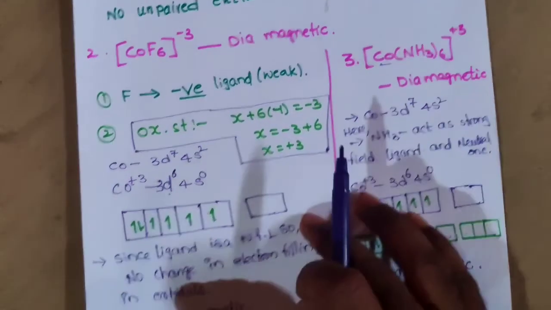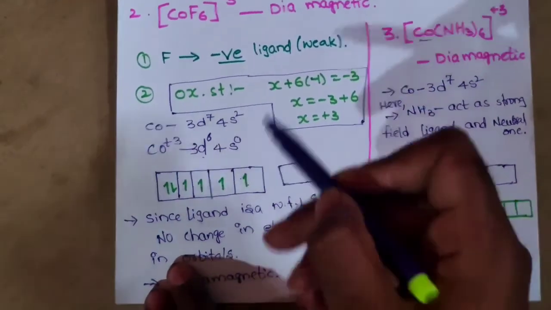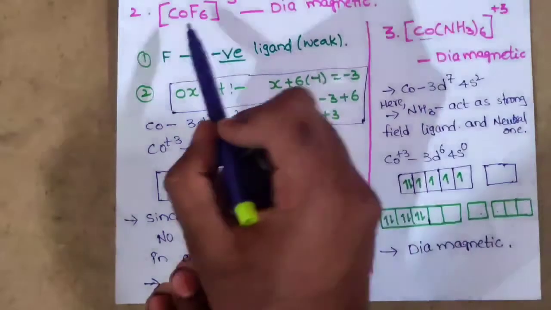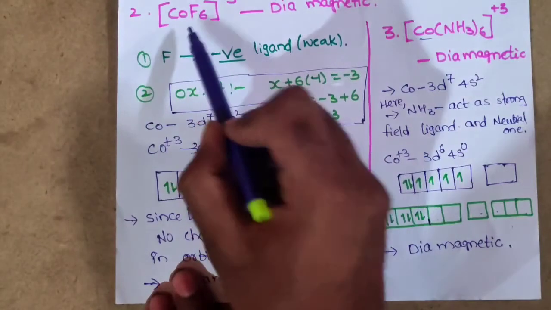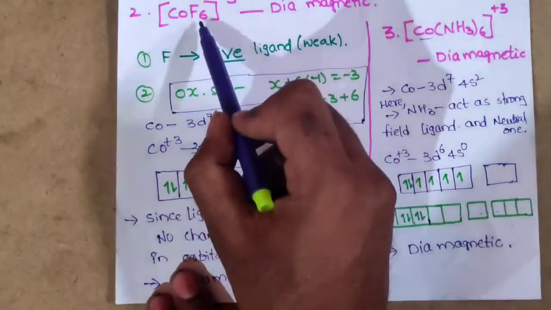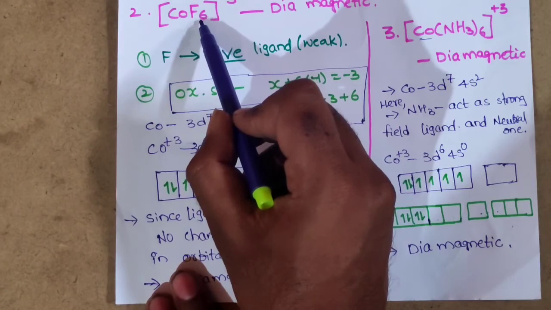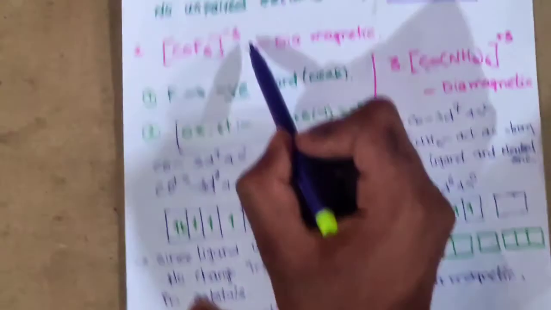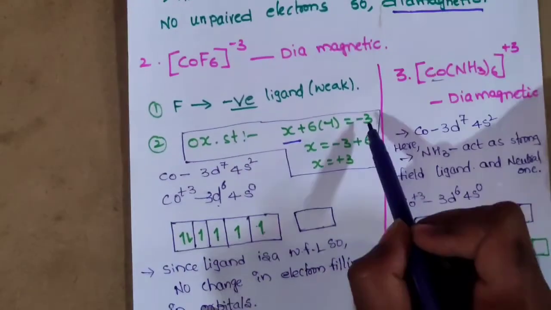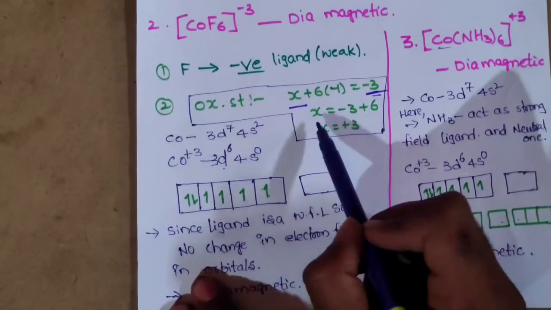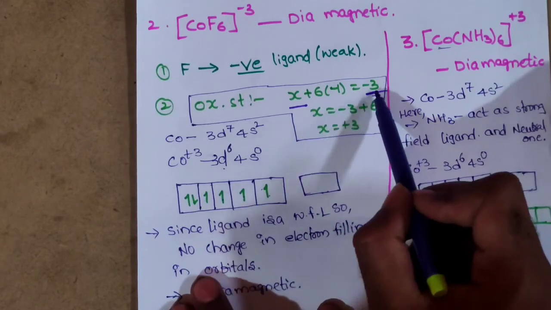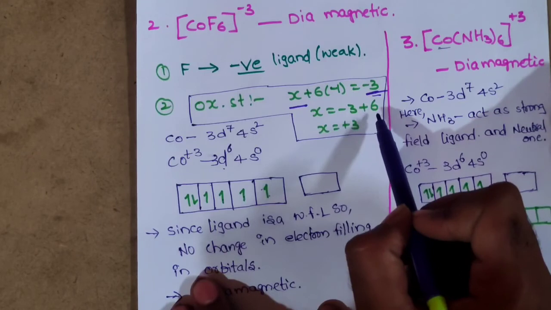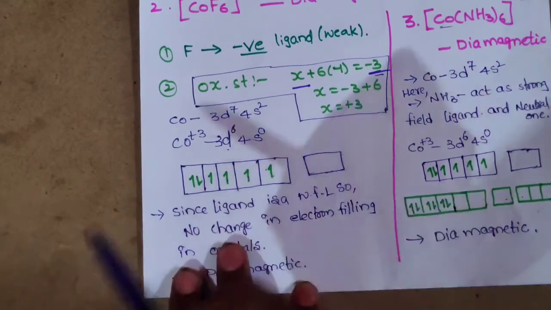Now our first step is to find the oxidation state of the metal atom. So we have cobalt, consider it as X, and we have 6 fluoride ligands, so 6 into -1, and we have -3 charge on the complex, so we have to equalize to that. Then X plus (-6) is equal to -3, and when -6 comes to this side, it becomes +6, so X is equal to +3.